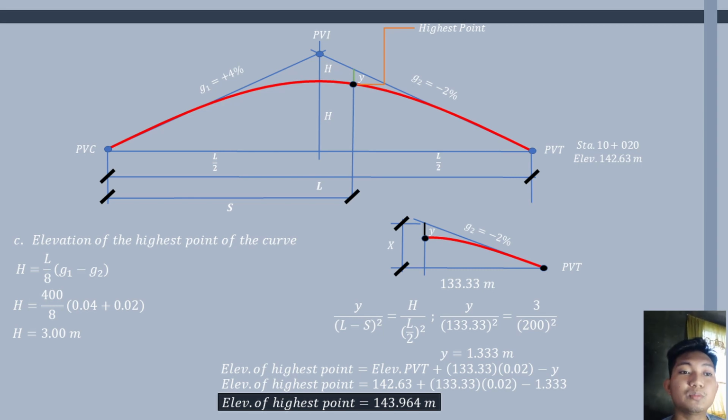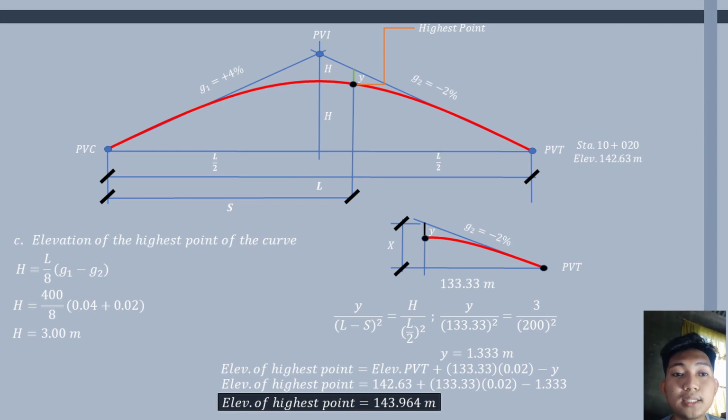So naa na tay y, so ready na ta magkuha sa elevation of the highest point. So naa tay formula or ang pagkuha sa elevation of highest point is equal to elevation sa PVT which is given na naa sa illustration na 142.63 meters.